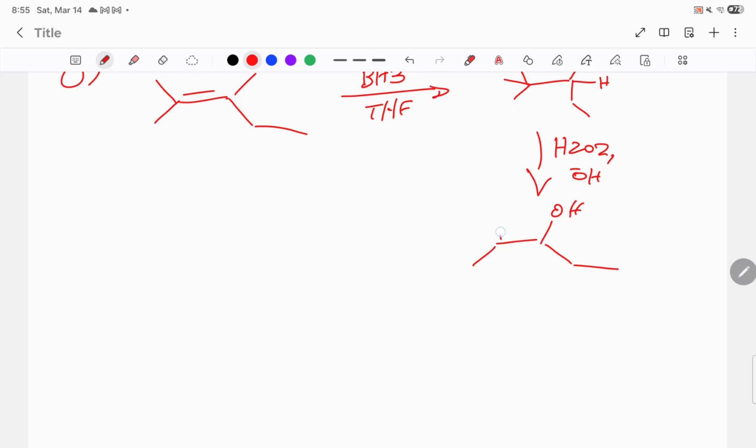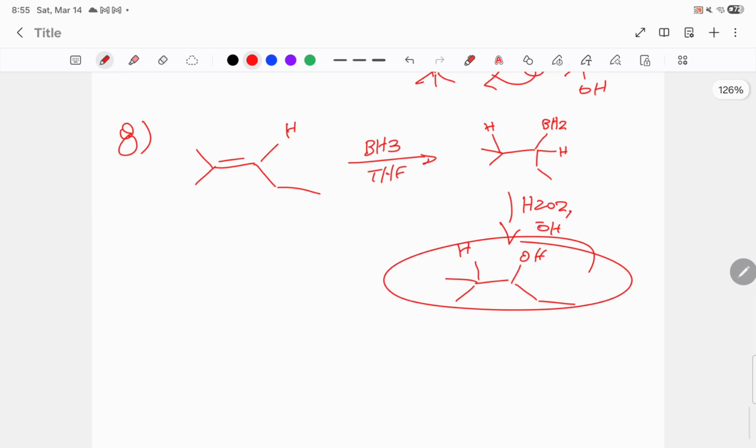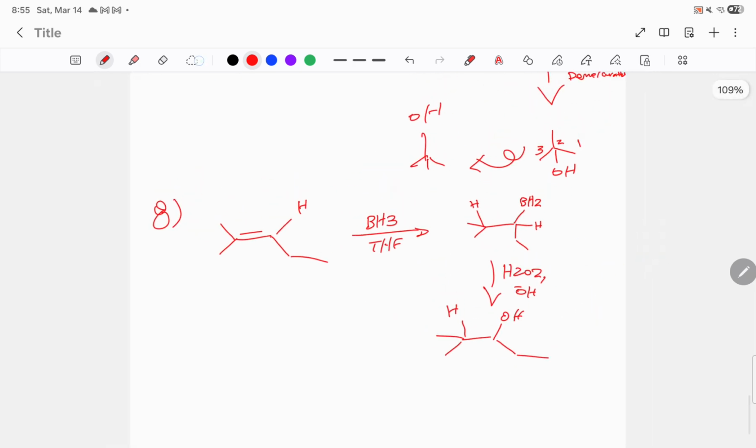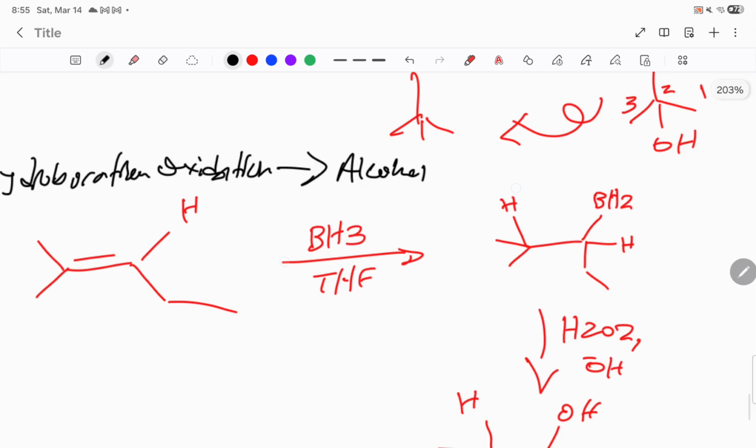And this alcohol is added in a very specific way. Okay, so let's take a look at why this is the case. This reaction is called hydroboration oxidation of an alkene, of course, and it gives us an alcohol, but it gives us specifically what we call a syn alcohol.